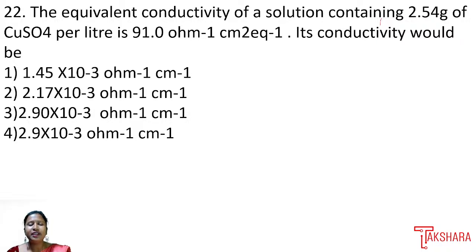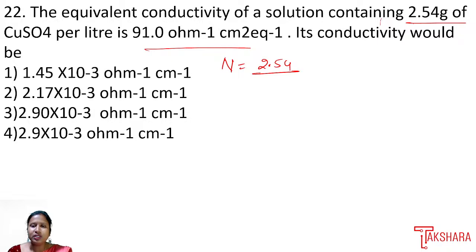Its conductivity would be, they are asking. So first, let's calculate the conductivity. They ask us to find out the equivalent conductivity. So n is the number of equivalents in the solution containing 2.54 gram of copper sulfate per liter, and the equivalent conductivity lambda eq is 91.0 per ohm centimeter square per equivalent.